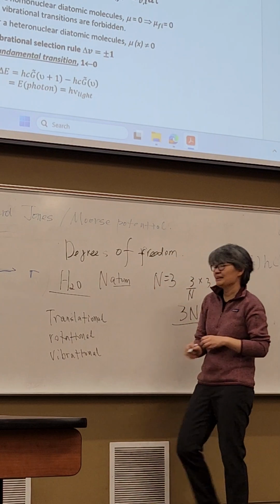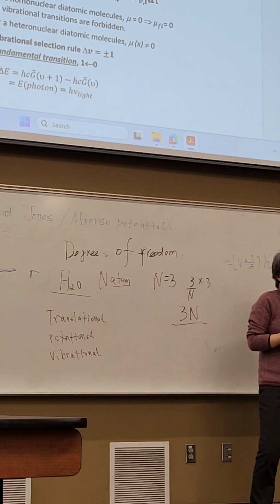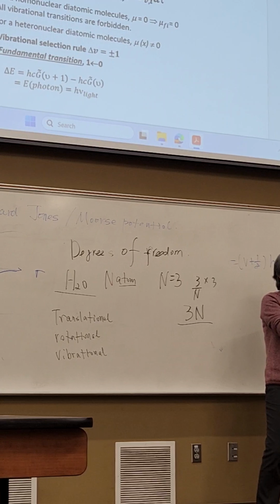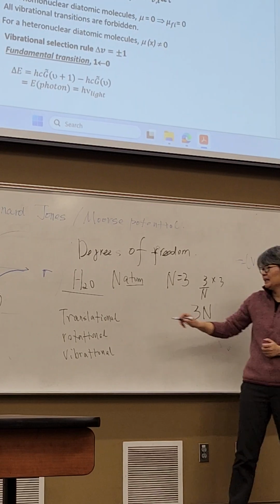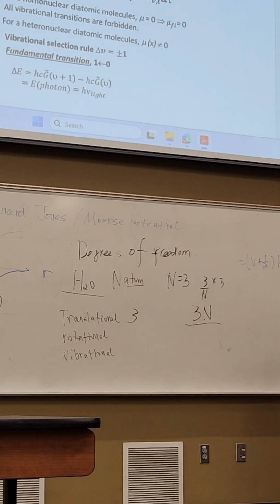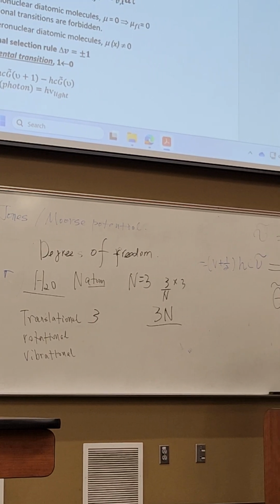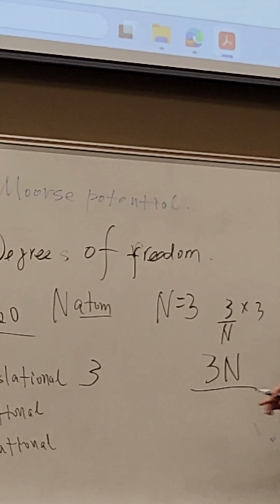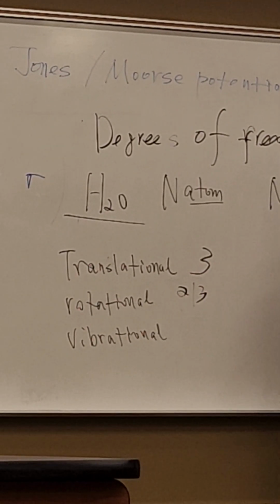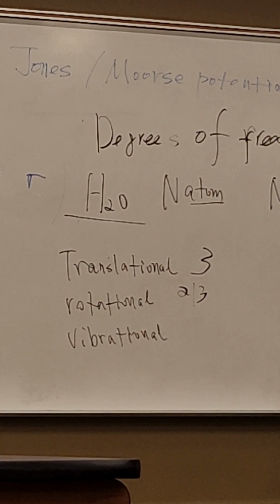Now, for the molecule as a whole, how many degrees of freedom do we use to describe the translational motion in XYZ? 3. You guys are all okay with that, right? Now for rotational, it can be either 2 or 3, depending on whether the molecule is linear or non-linear. Let me write this out nicely.